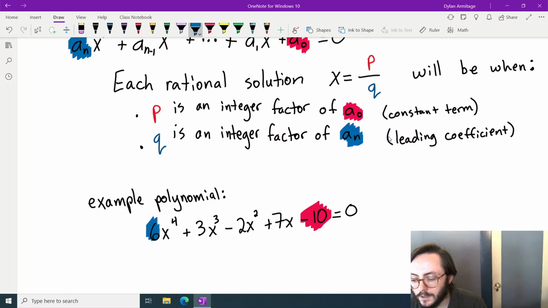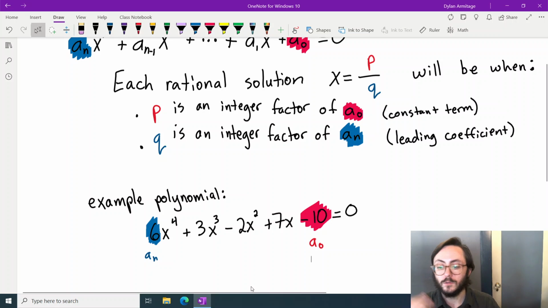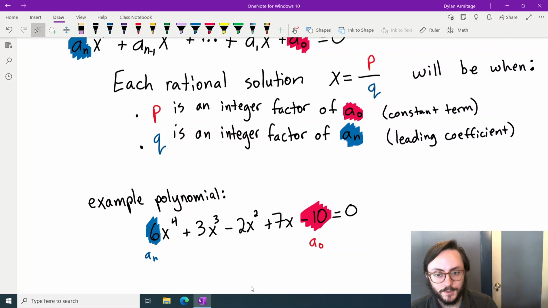And our leading coefficient would be 6, a sub n. Now, all of our rational solutions, all of our solutions that can be represented as a fraction, will be made of factors of these two numbers.